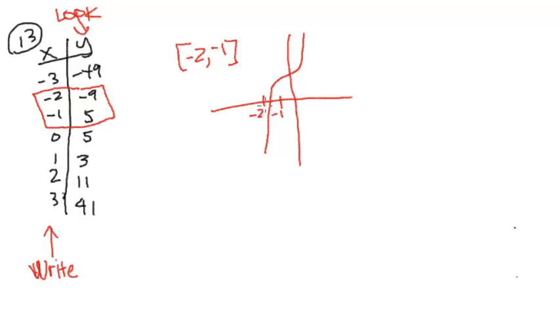So you look in the y for sign change, look up and down for sign change, and where it passes the x-axis, it's going to go from a negative to a positive or a positive to a negative. Then you write down that between -2 and -1, there has to be a 0.